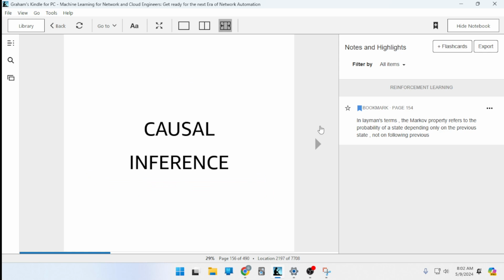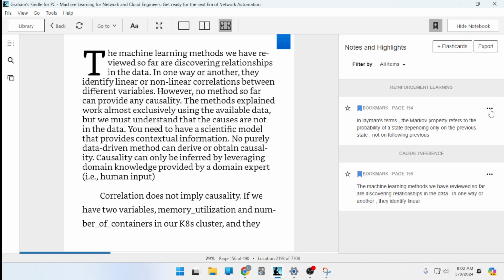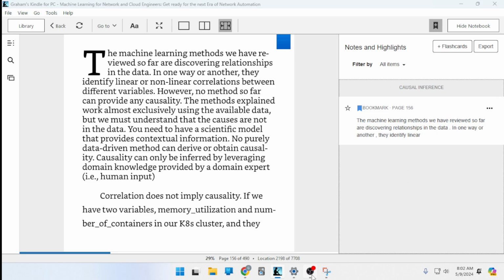Okay, so the next section is causal inference. The machine learning methods we have reviewed so far are discovering relationships in the data. In one way or another, they identify linear or nonlinear correlations between different variables. However, no method so far can provide any causality.